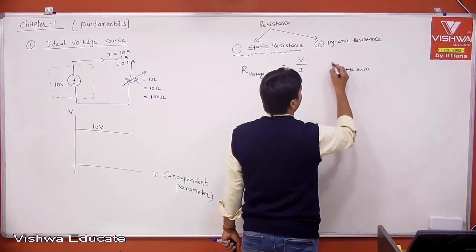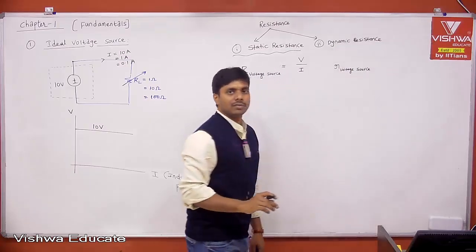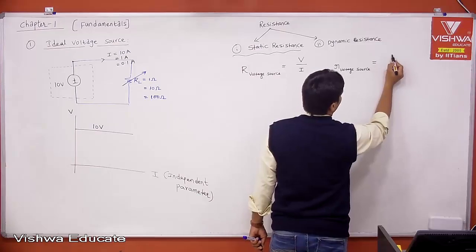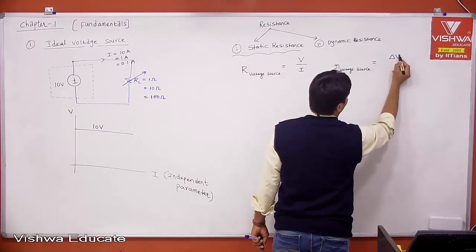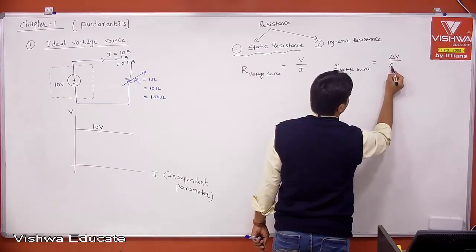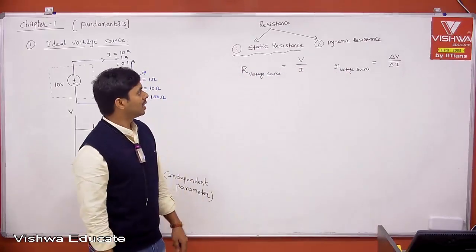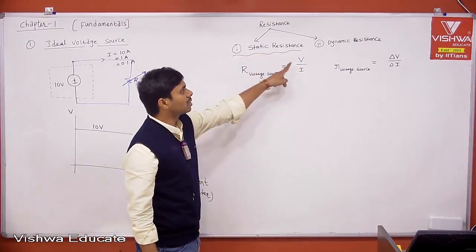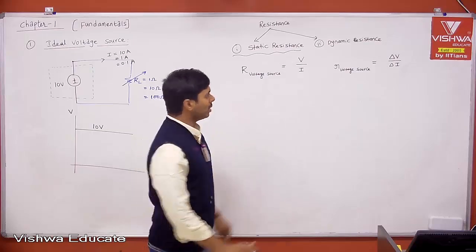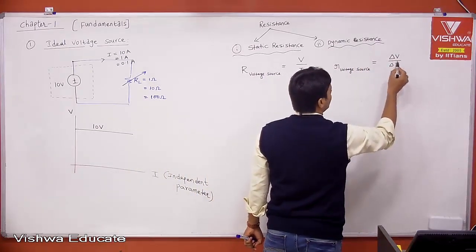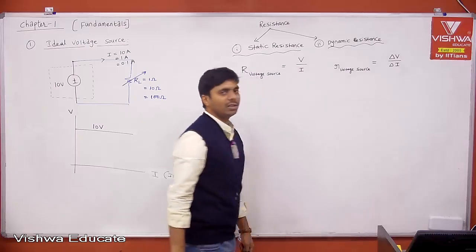Small r indicates dynamic, which is the change: the change in the voltage due to the change in the current. This is the definition. When I speak about static resistance, it is static voltage to static current, and when I speak about dynamic resistance, it is dynamic voltage to dynamic current.